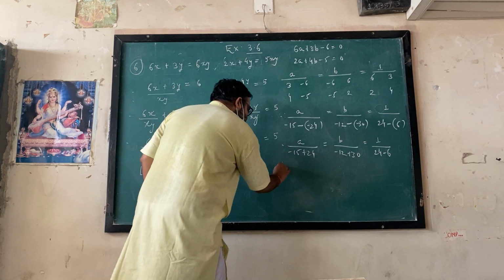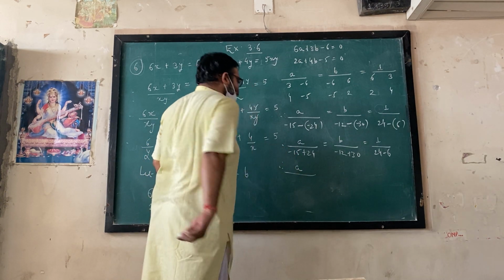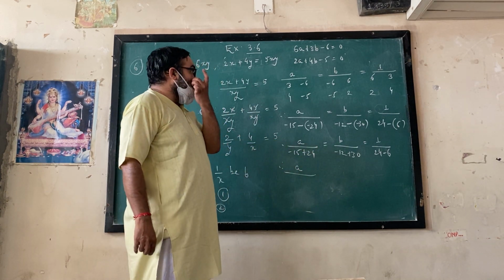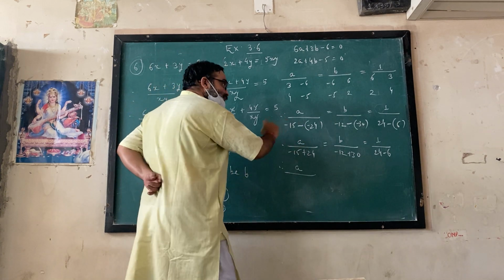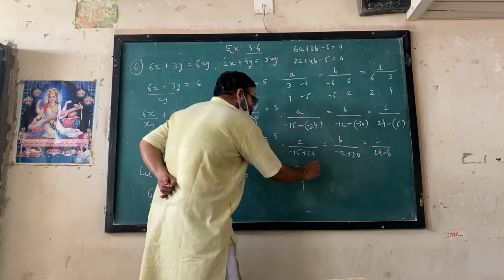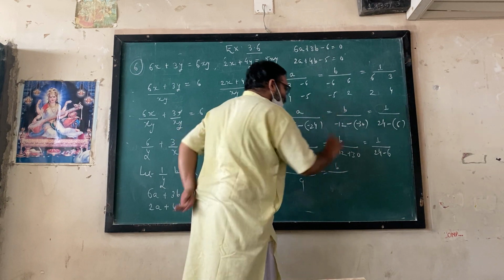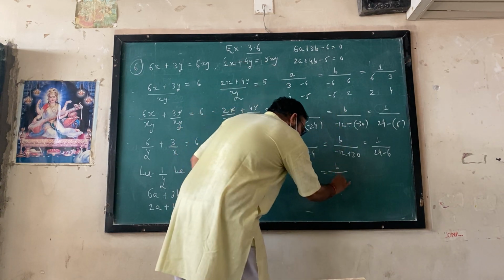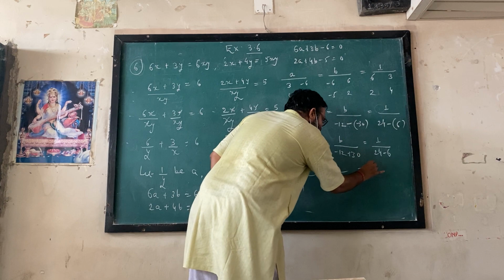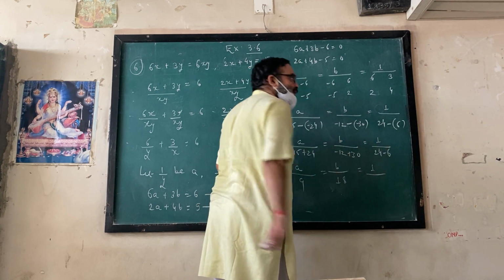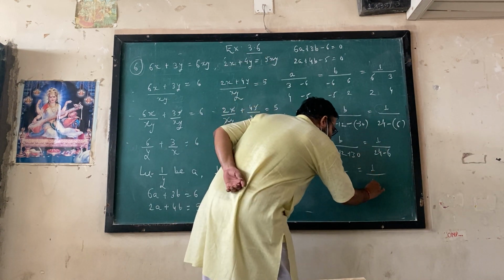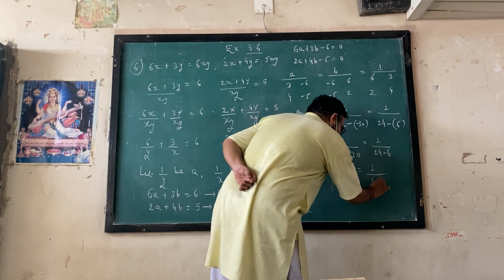So now a upon 24 minus 15 is what? 9. And b upon 30 minus 12 is 18, is equal to 1 upon 24 minus 6 is what? 18 only, no? Very good.